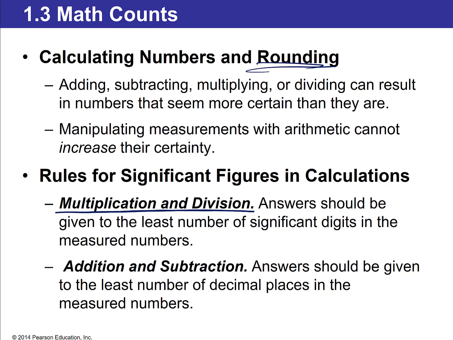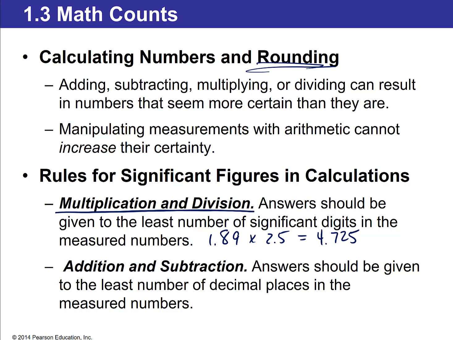So if you multiply 2 numbers, 1.89 times 2.5, which I just randomly made up, I get 4.725. That's my final answer. You see that that's 4 significant figures?